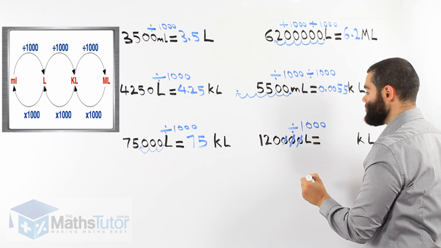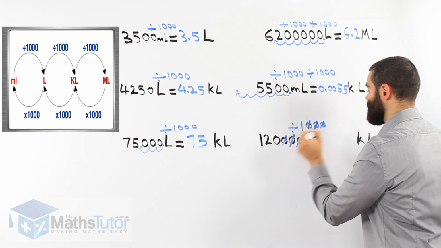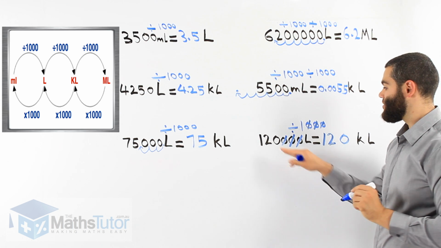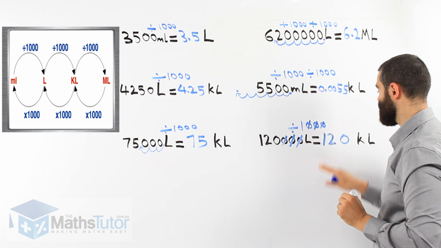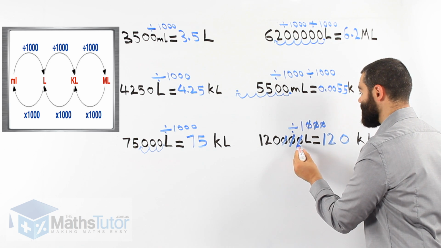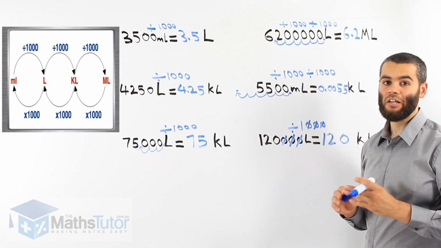Another way of doing it is going to give us the answer of 120 kilolitres. So 120,000 divided by 1,000, 120 kilolitres. That means 120,000 litres is the same as 120 kilolitres.